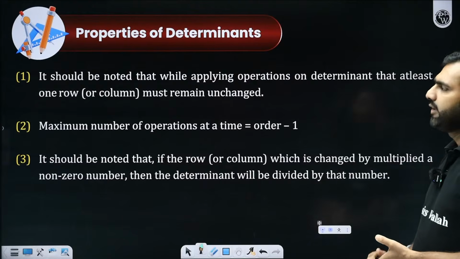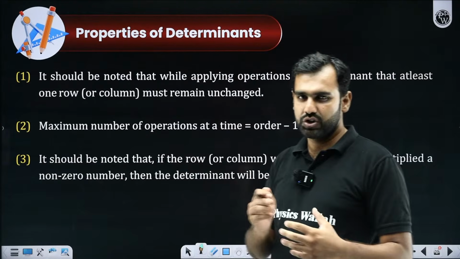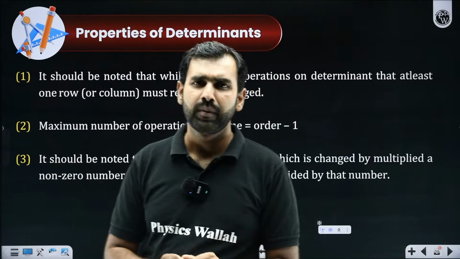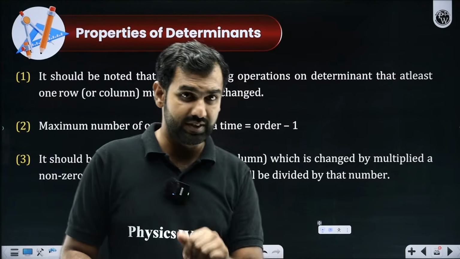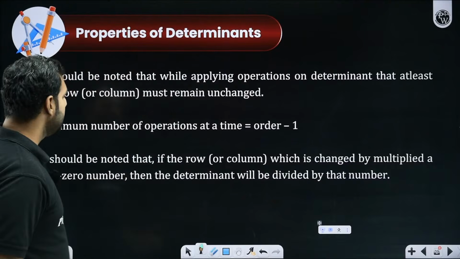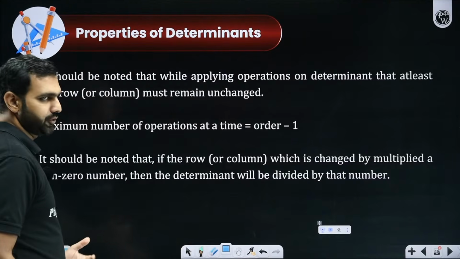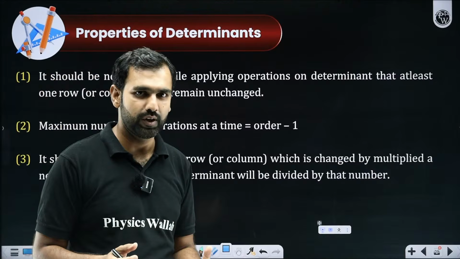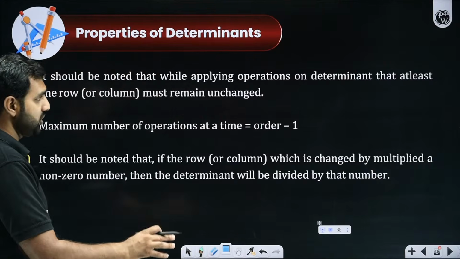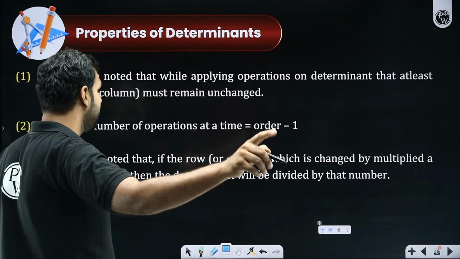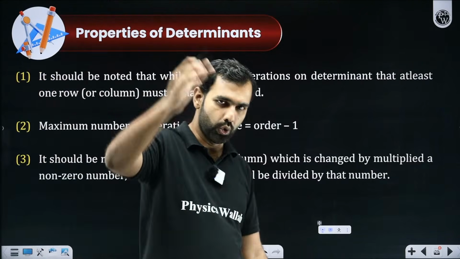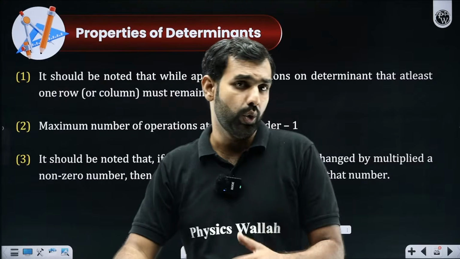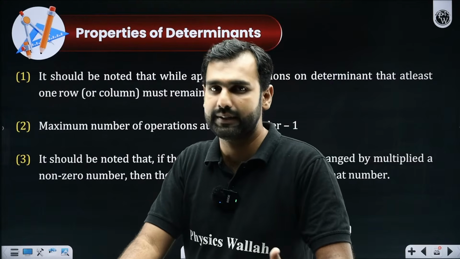Now, when you apply these properties, especially that equimultiple property, you have to take care of one very crucial thing, which is this. We know how to apply operations now. So if I'm applying operations on determinants, either you apply operations on rows or on columns, but don't apply operations on both simultaneously.